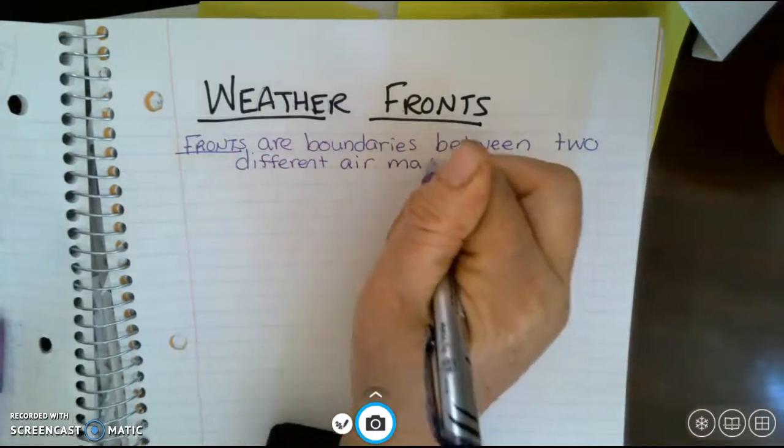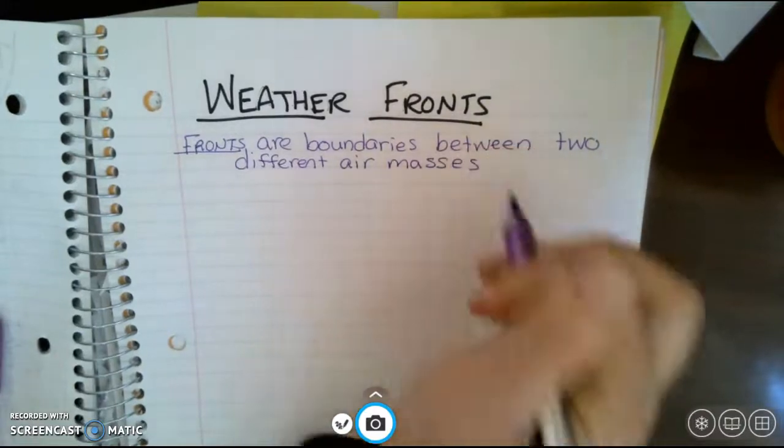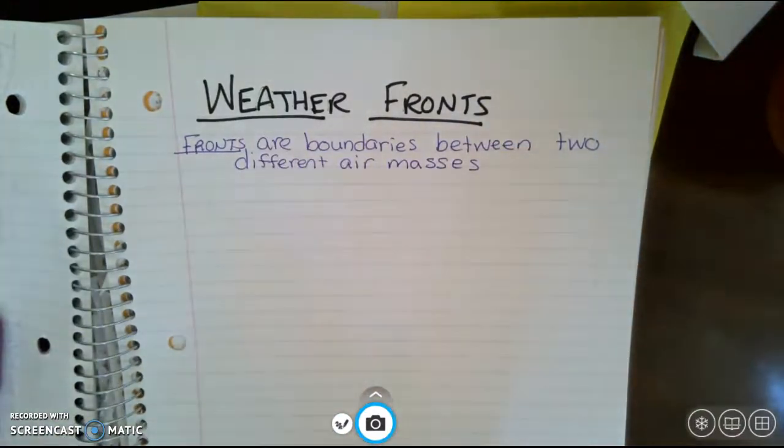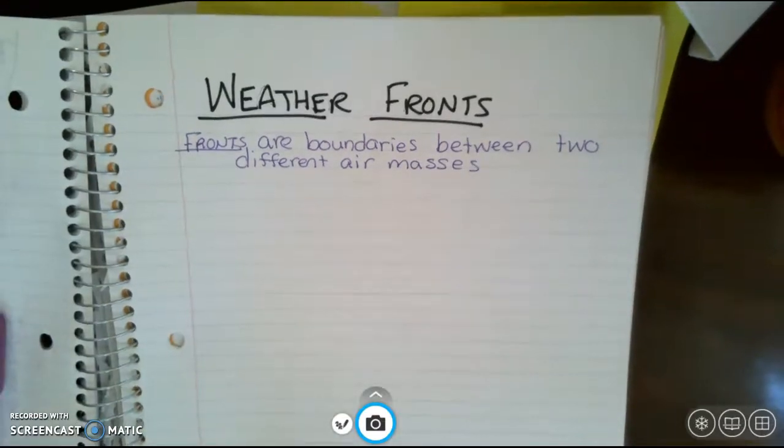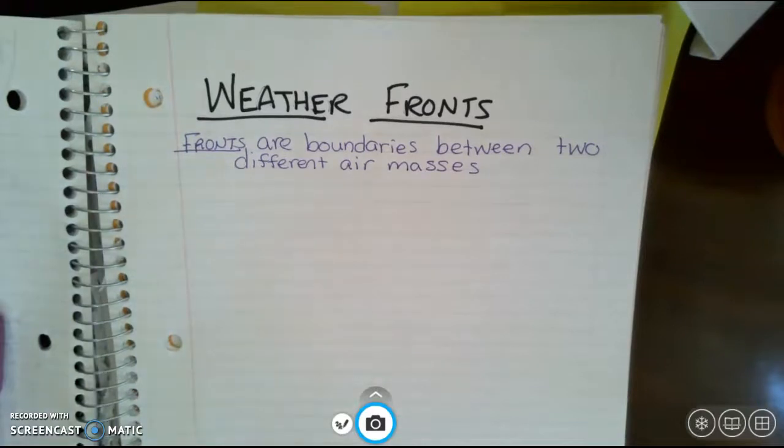So if you think of a person's yard that has a fence going down it, that's a boundary between two different yards. A front is a boundary between two different air masses. Air masses might be like hot air and cold air, and where they meet, that's the boundary.